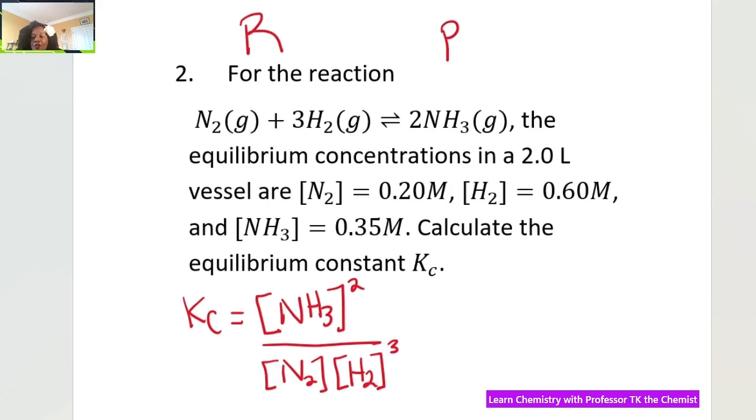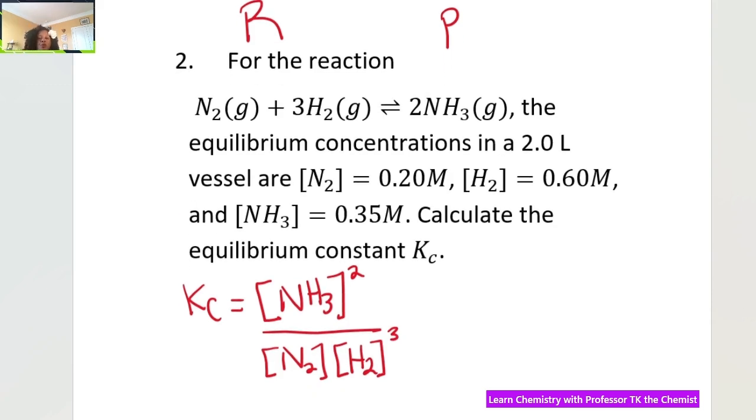Now, what you're going to do is plug in the actual numbers, okay? So now I'm going to plug in my NH3. So look at the numbers that they gave you, okay? This is all in a 2.0 liter vessel. You've got nitrogen, hydrogen, and ammonia. So that NH3 value of 0.35, that's going to go on the very top.